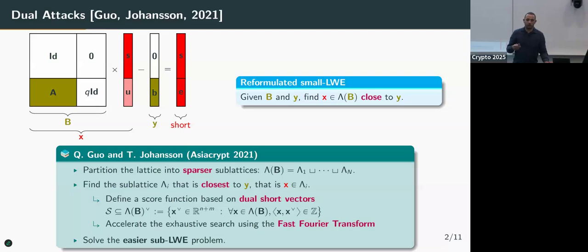To find the desired sublattice, we only have to proceed to an exhaustive search that we can accelerate using fast Fourier transform. When we find this sublattice, one only has to solve the sub-LWE problem, which is easier because the lattice involved is sparser. So that's the idea behind Guo and Johansson's dual attack.